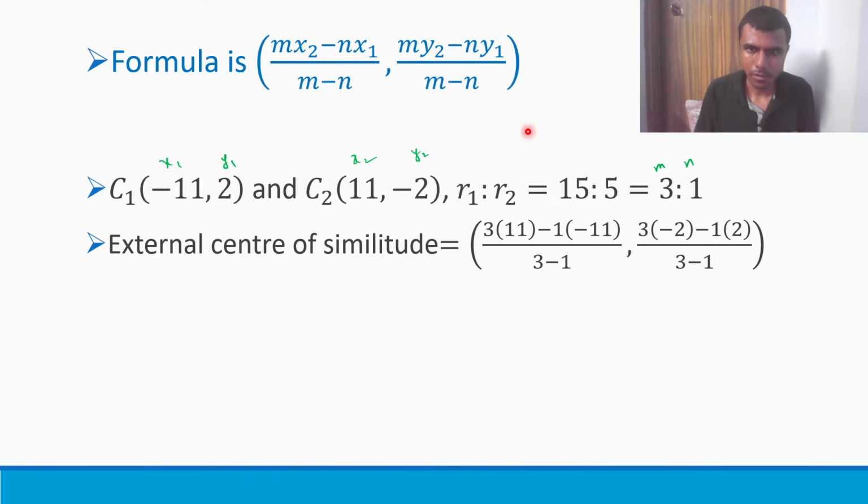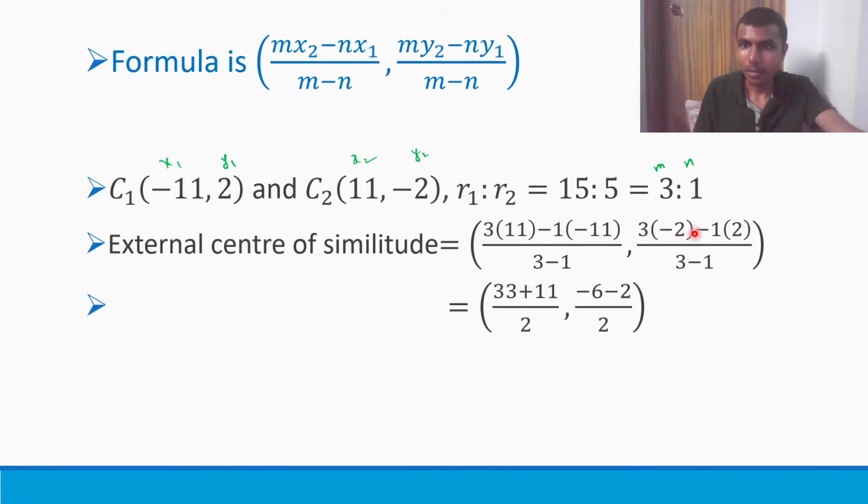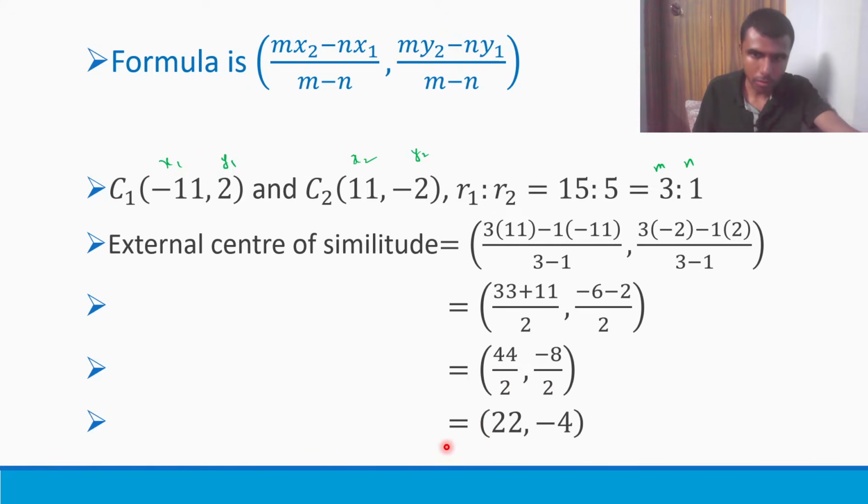You can see it, right? 3 into y2 is this, minus 2, minus 1 into 2, by 3 minus 1. Basic simplification. So 33 minus of minus 1 into 11 is plus 11. So (33 + 11)/2, comma, (-6 - 2)/2. 33 plus 11 is 44. 44 by 2, and minus 6 minus 2: whenever negative numbers are side by side, 6 plus 2 is 8, put a minus, so minus 8 by 2. 2 ones are 2, 2 twos are 4, so 22 comma minus 4.